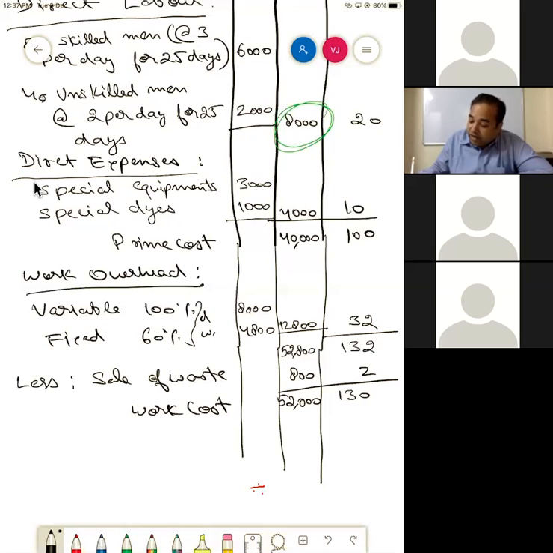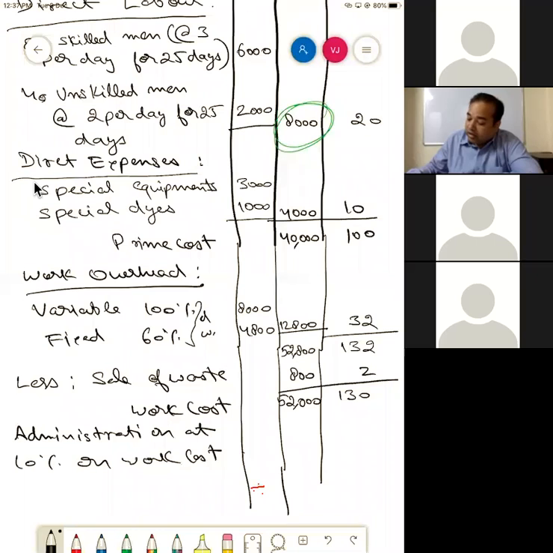Then we have got administration at 10% of work cost. So 10% of 52,000, that is 5,200. So here 13. Now you arrive at the figure, that is 57,200, and here you will get 143.